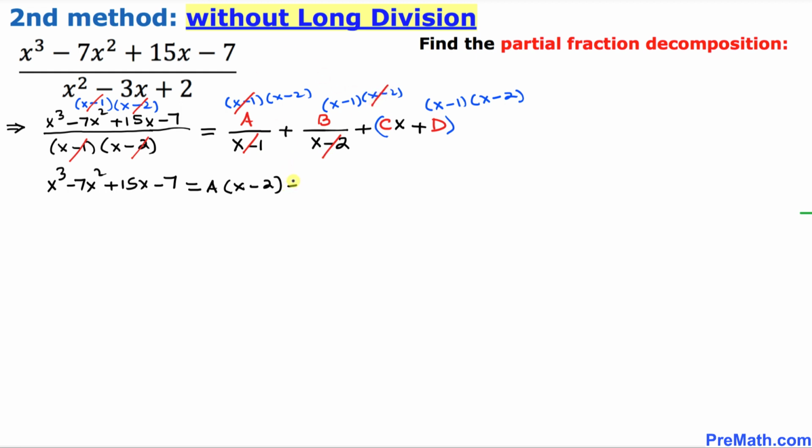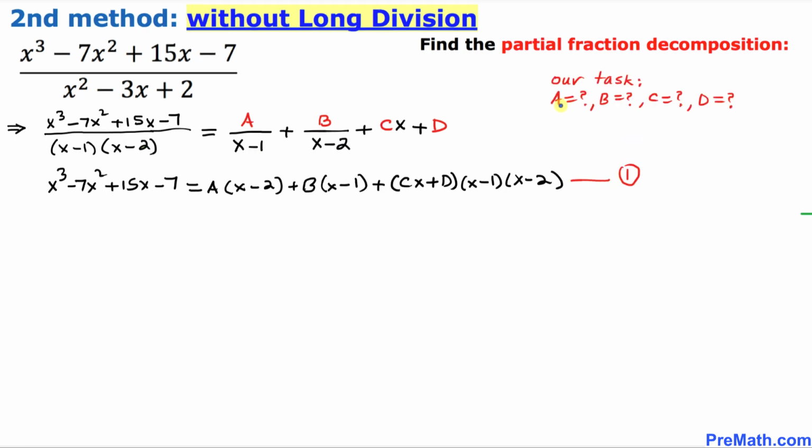So we got plus b times x minus 1. And finally, this part over here, I am going to write down cx plus d times this whole thing, x minus 1 times x minus 2, and I am going to call this one as equation number 1.